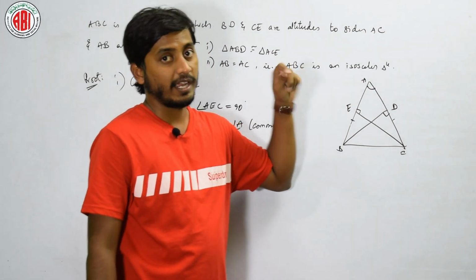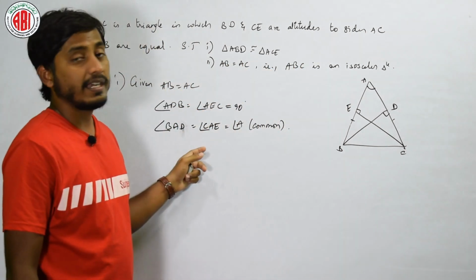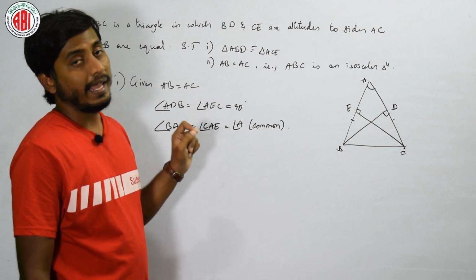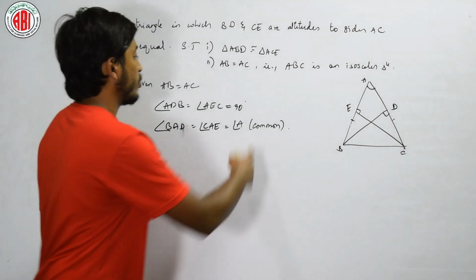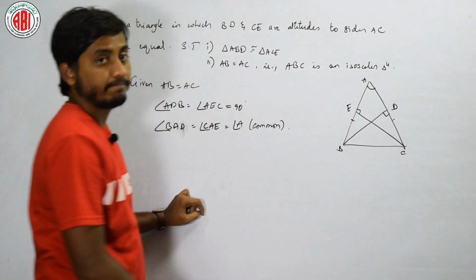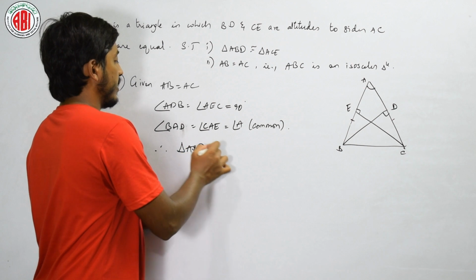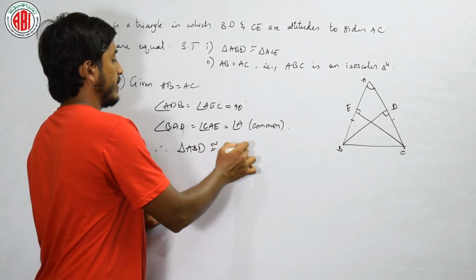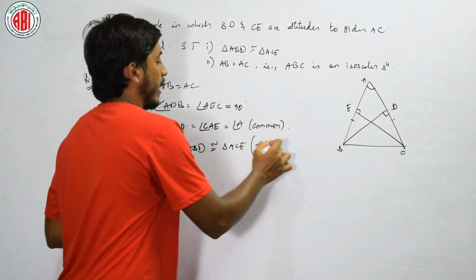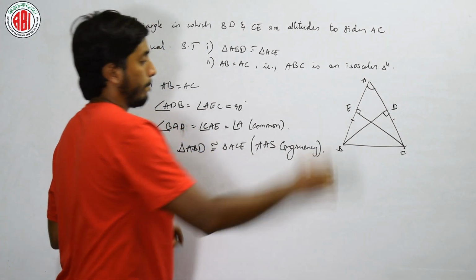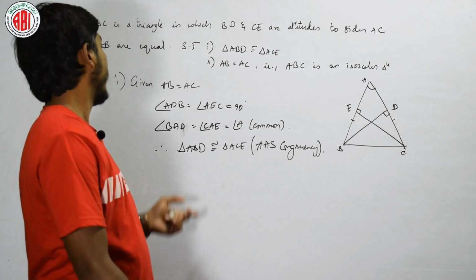So by these three conditions we can tell that it is congruent by AAS congruency, that is two angles and one side. Therefore triangle ABD is congruent to triangle ACE by AAS congruency. Clear? Done.